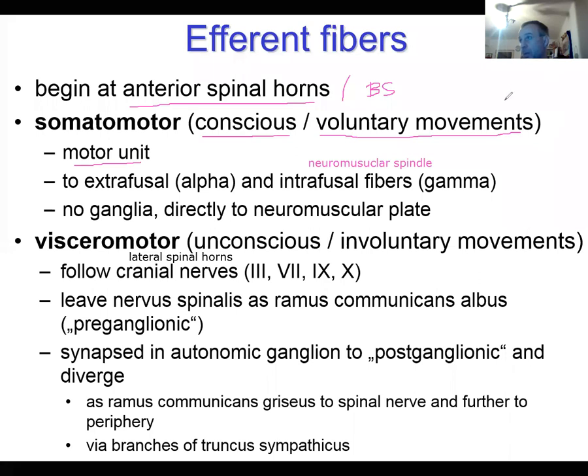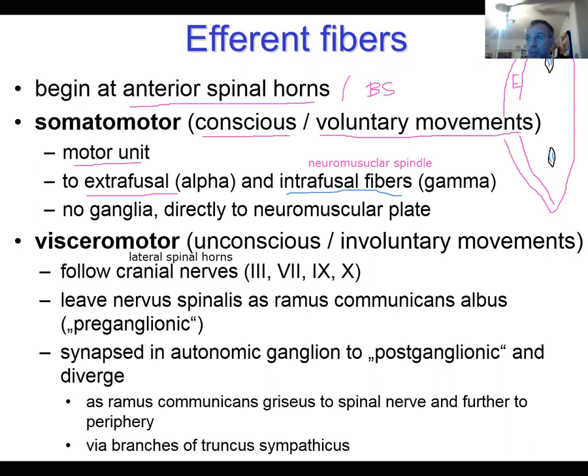So you can imagine a big muscle. This big muscle contains muscle fibers, and we call these muscle fibers extrafusal, as they are outside the muscle spindles. Then we have small muscle spindles, and the muscle spindles contain also muscle fibers, but they are quite short and thinner. And we call them intrafusal fibers.